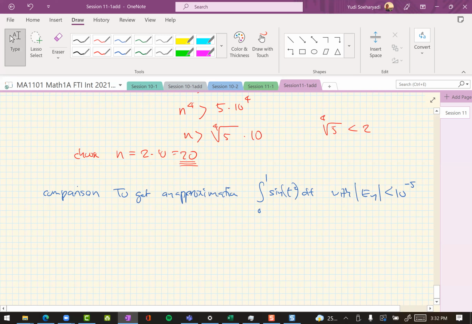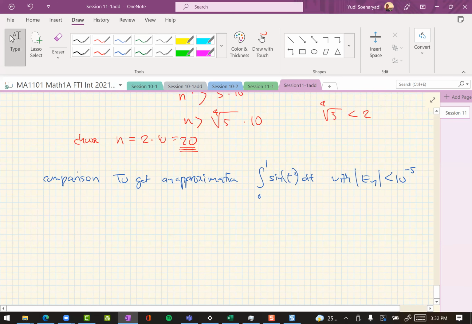All right, so we can make comparison now with the right 3-month.